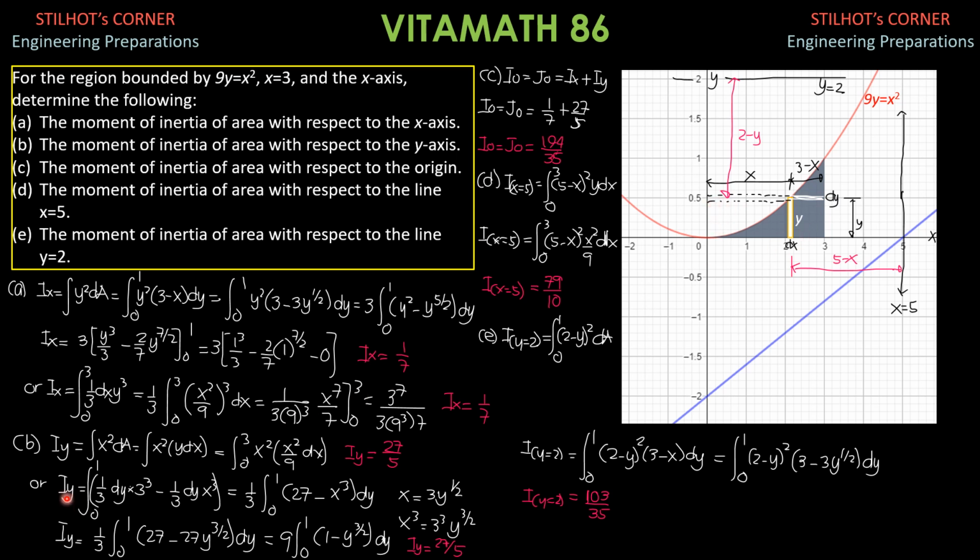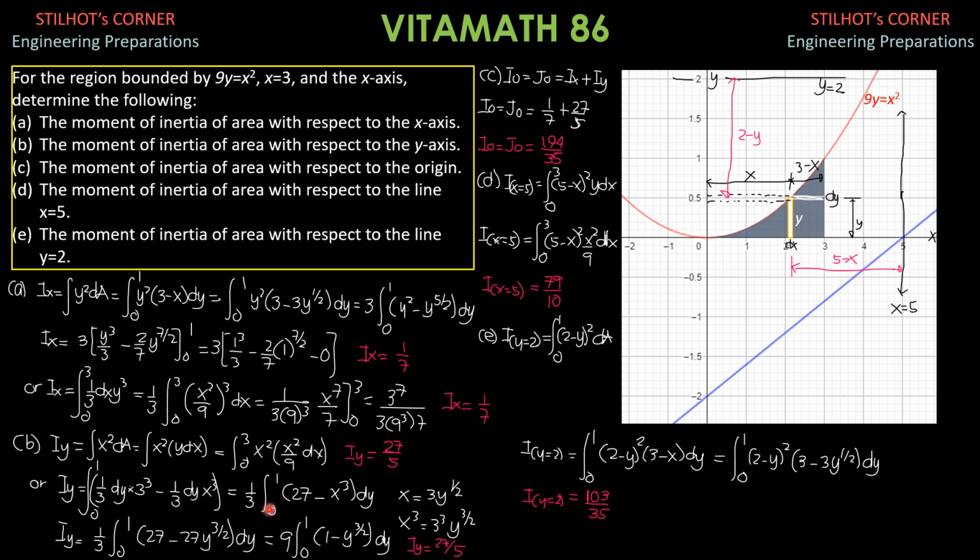So we have Iy equals 1/3 dy 3 cubed minus the moment of inertia of this dashed rectangle with respect to the y-axis, 1/3 dy x cubed.